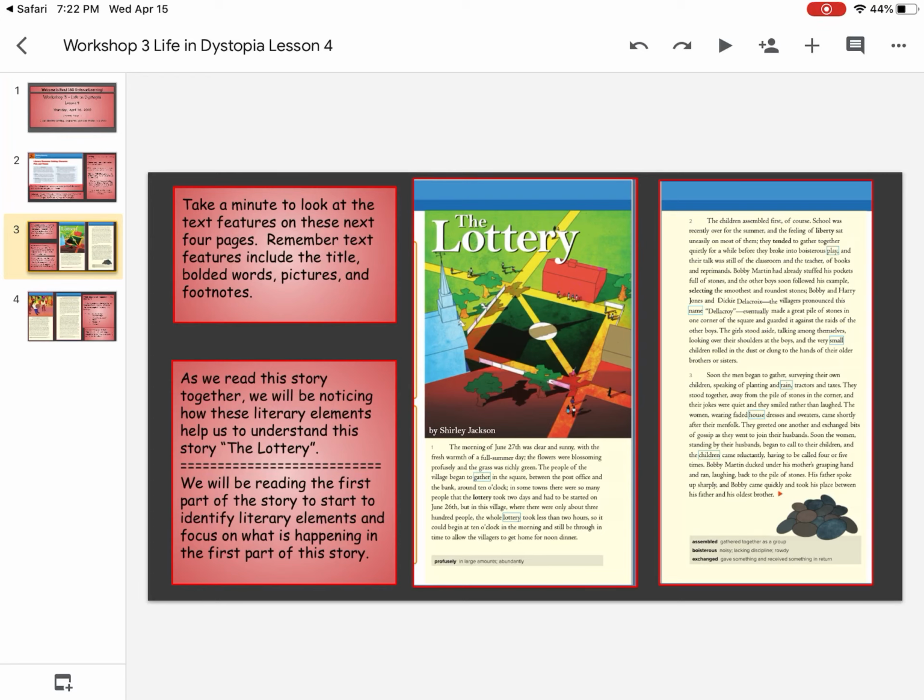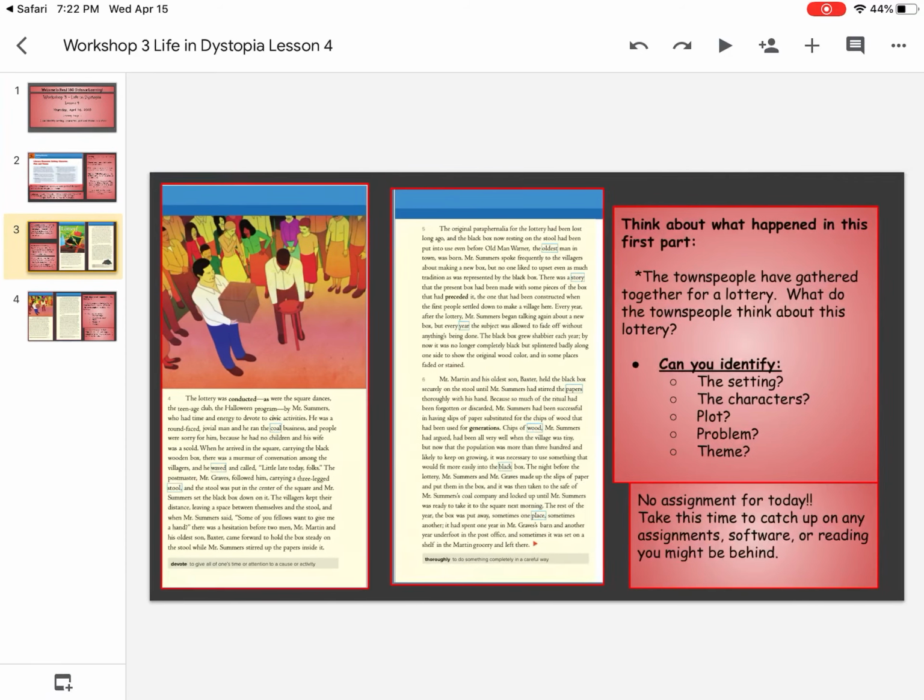Soon the women, standing by their husbands, began to call to their children, and the children came reluctantly, having to be called 4 or 5 times. Bobby Martin ducked under his mother's grasping hand and ran, laughing, back to the pile of stones. His father spoke up sharply, and Bobby came quickly and took his place between his father and his oldest brother.